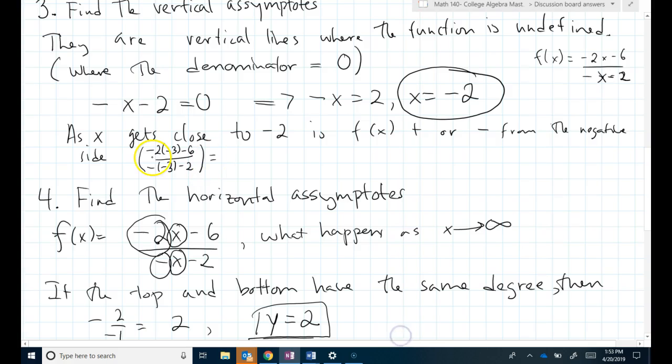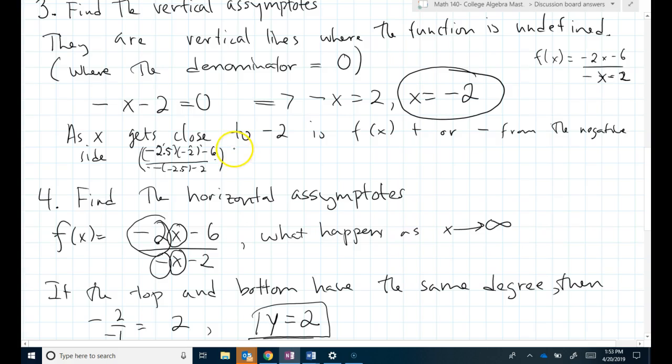All I want to get is that this is going to be 6 minus 6, it's going to end up being 0. Oop, I don't want negative 3. Sorry. Let's actually go with negative 2.5. So negative 2.5 times negative 2 minus 6, and then negative 2.5 minus 2.